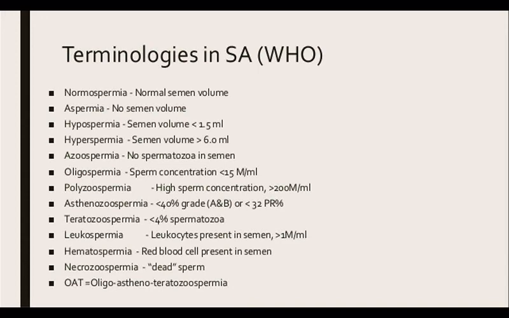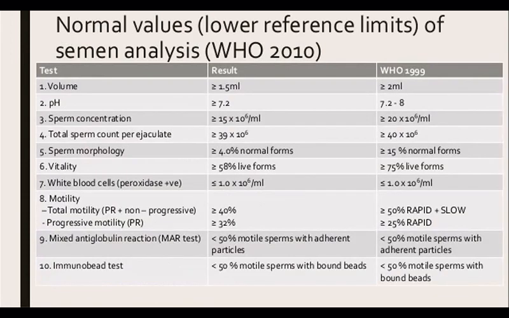Leucospermia, leukocytes present in the semen more than 1 million per ml. Hematospermia, red cells present in the semen. Necrospermia, dead sperms present. OAT, oligoasthenoteratozoospermia. These are some of the terms which must be known.